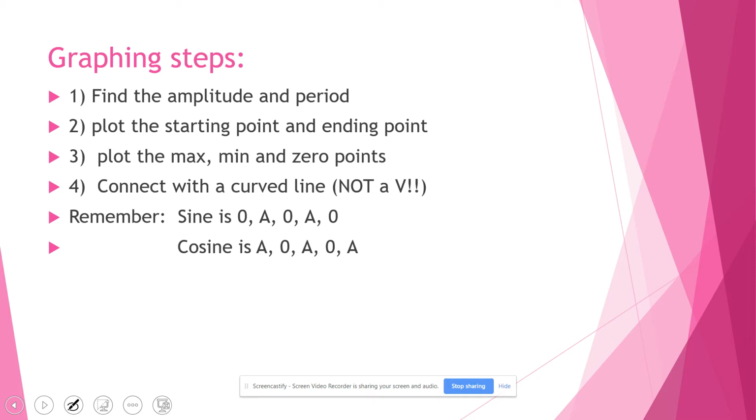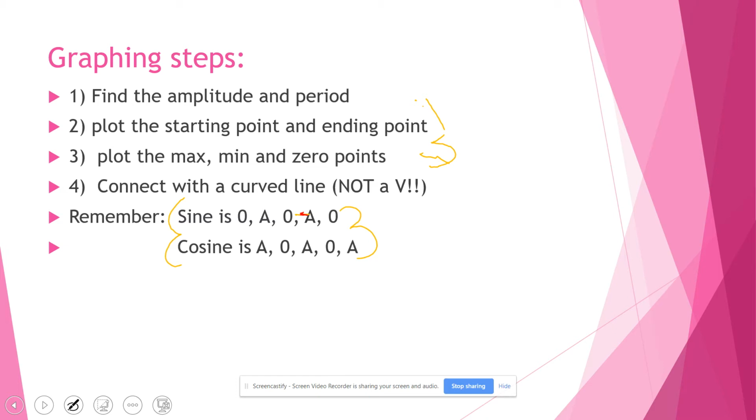Graphing. So we're starting with finding the amplitude and the period of your function. And then steps 2 and 3 can be done using this pattern. So sine always has the pattern of 0, amplitude, 0, negative amplitude, 0.